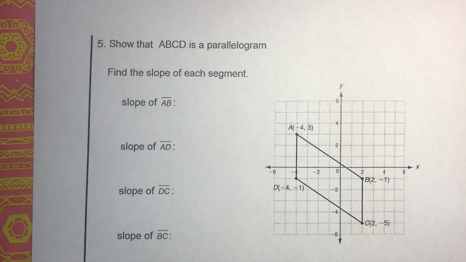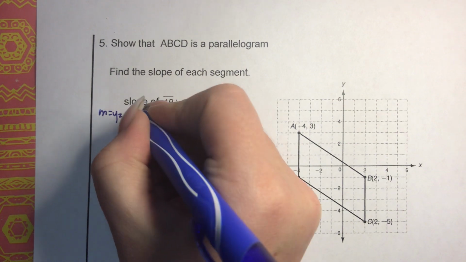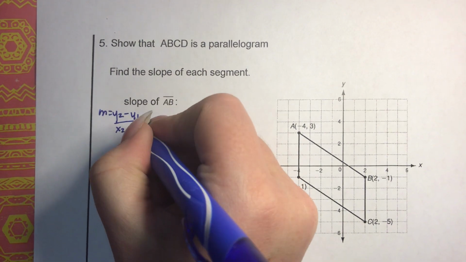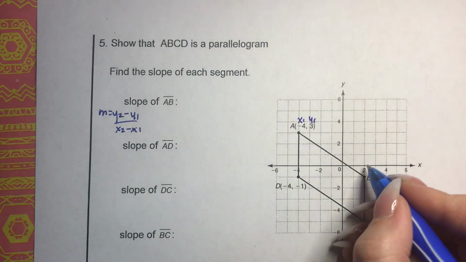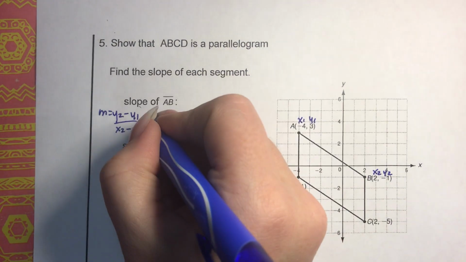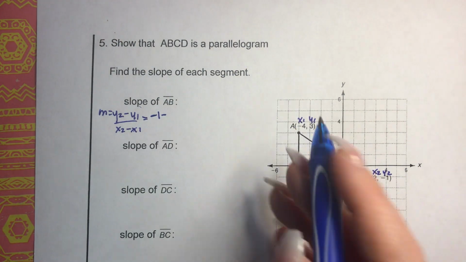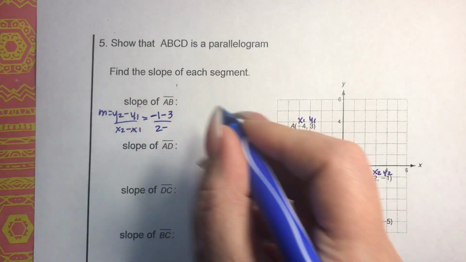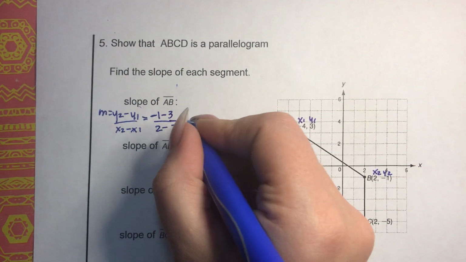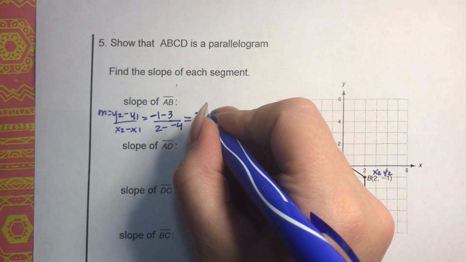Okay, let's see how you did. We have to find the slopes. So the slope of AB, using the slope formula. This is my x1, y1, and this is my x2, y2. y2 is -1 minus y1, which is 3, over x2, which is 2, minus -4. -1 minus 3 is -4.